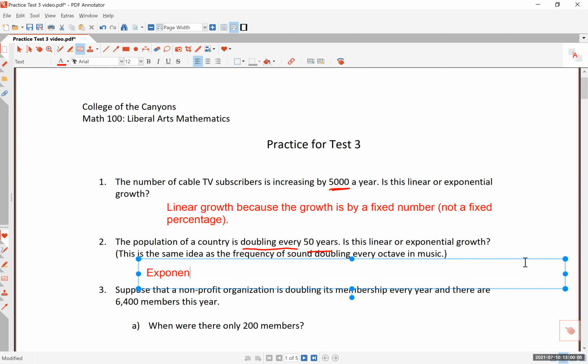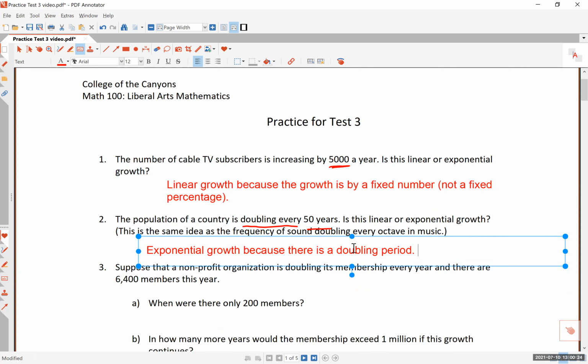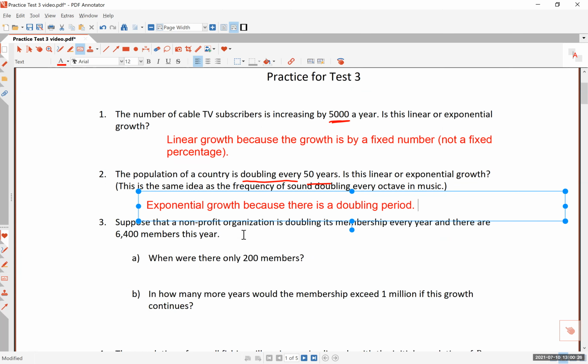If the growth were linear, you would not have a doubling period. And in fact, based on the fact that it doubles every 50 years, you can do some algebra to figure out what the percentage is for every year.